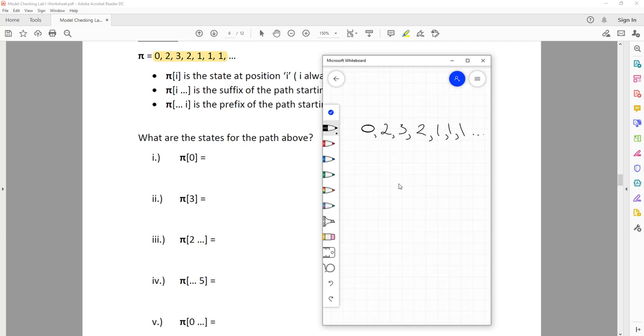So pi of 0 is going to be at our first index, so it's going to be 0. Pi of 3, index 3: this is index 0, index 1, index 2, index 3, 4, 5, 6. It's the same as in Java. So index 3 is 0, 1, 2, 3, so it's our value 2. That is the answer for question 2. Now for question 3.